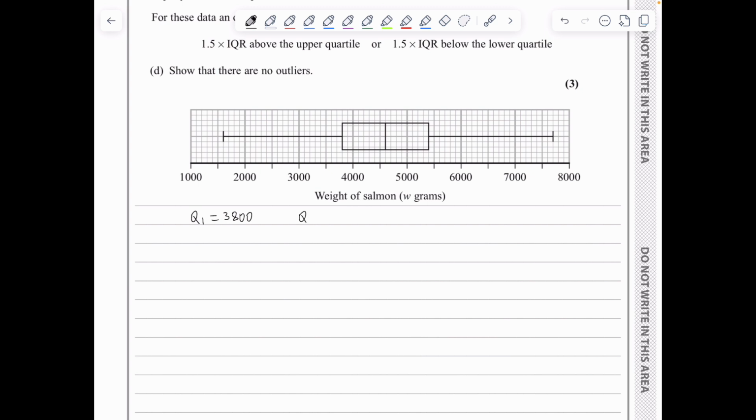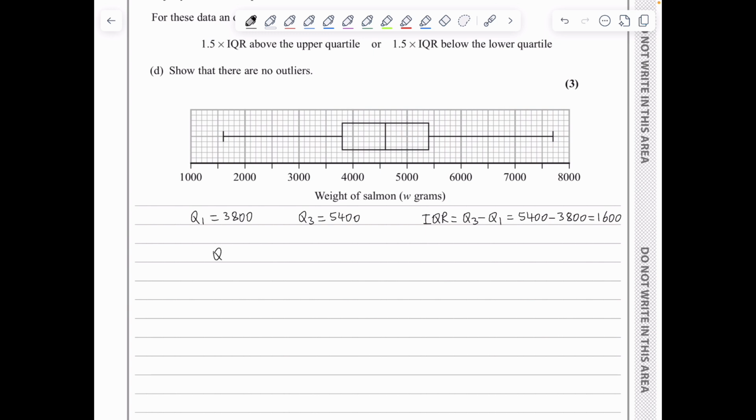Our upper quartile Q3 is 5,400, and therefore the interquartile range defined to be Q3 minus Q1 is equal to 5,400 minus 3,800, which gives an answer of 1,600, and therefore we can proceed in finding the limits for outliers.